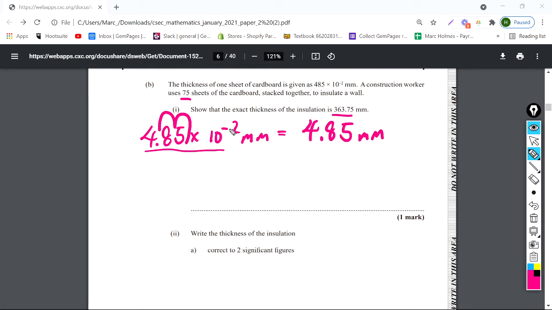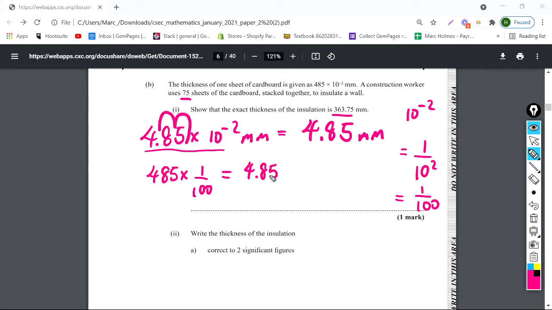Because this is 10 to the negative 2, so the point would move to the left. Also, 10 to the negative 2 is the same thing as 1 over 10 squared, which is 1 over 100. So basically this is 485 times 1 over 100, which of course would give us 4.85 millimeters. So this is the thickness of one sheet, guys, 4.85 millimeters.